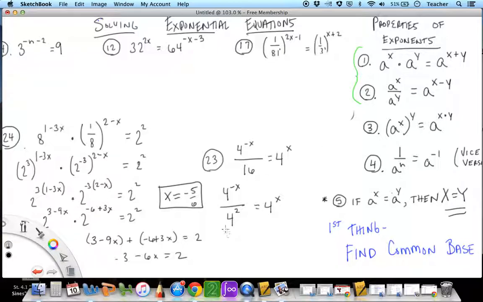So I see they have the same base, so I'll write them with the same base but have negative x minus 2 equals 4x. And at this point, I'm in my comfort zone, understanding that I can set these two exponents equal to each other, and so you should get an answer of negative 1.